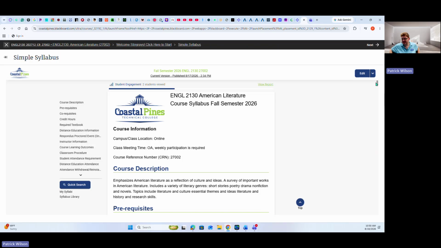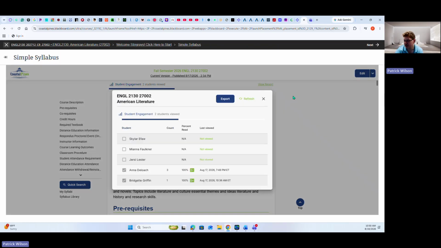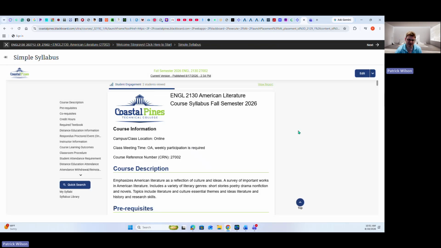Make sure that you do read the syllabus, because as I can tell here, there's only 2 students so far that read this, and it tells me who. There's a little quiz that goes with it. There's only 5 in the class right now, so there's still 3 other students that need to read this and take that really quick, easy 100 syllabus quiz.